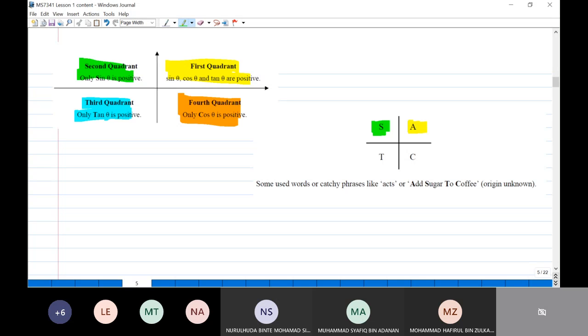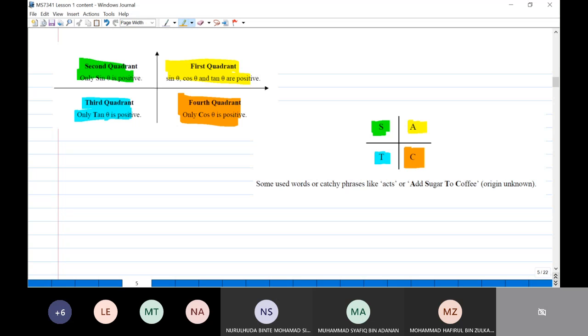Cosine will be negative, tangent will be negative. In the third quadrant, only tangent is positive. And in the fourth quadrant, only cosine is positive, then sine is negative, tangent is negative, right? So this is how.